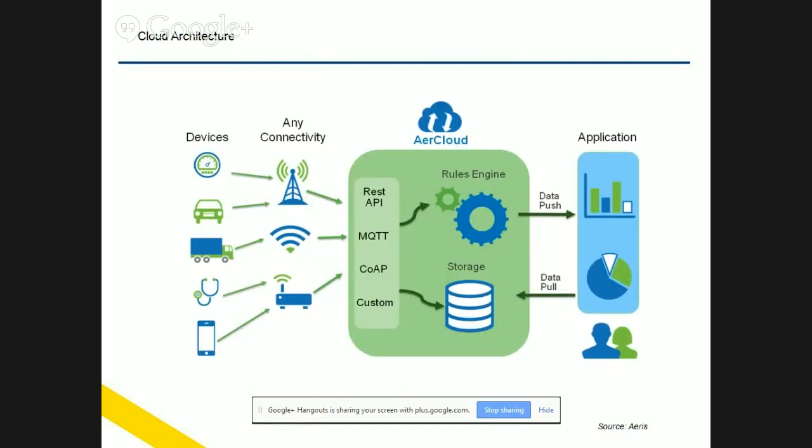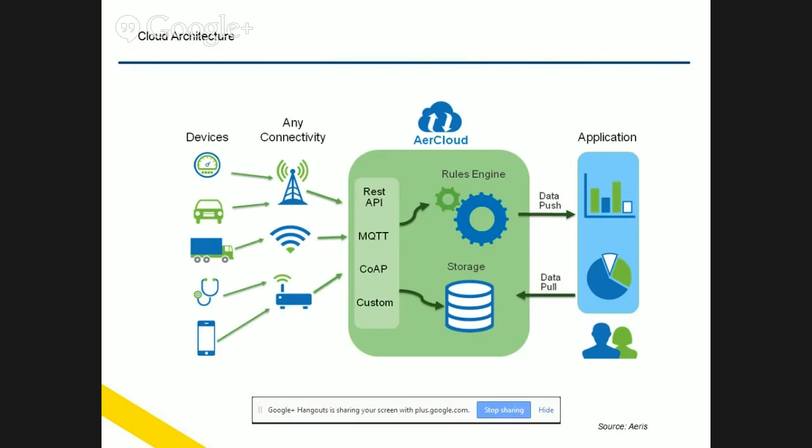Okay, so we come to a more industrial kind of cloud architecture. Here we have devices which include a speedometer, an odometer, a stethoscope, mobile devices, a truck with all the sensors embedded in it, and you could use any kind of connectivity.